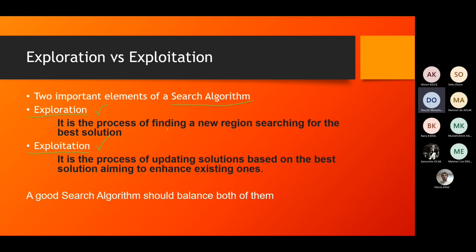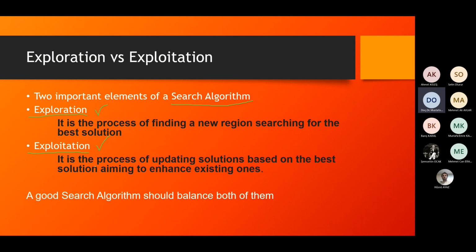Exploration is the process of finding a new region, searching for the best solution. So those sudden movements are finding new regions of the search space. You are just leaving where you are, radically going away. That is exploration.